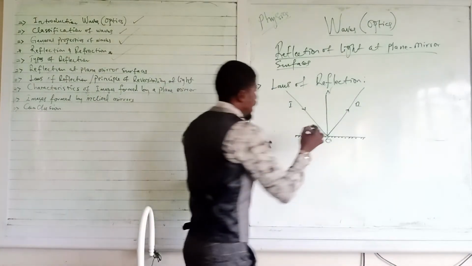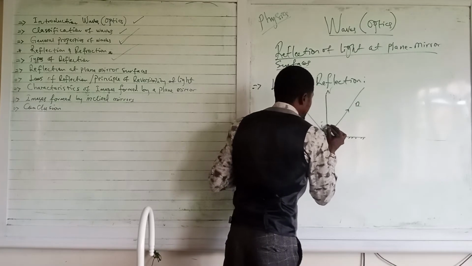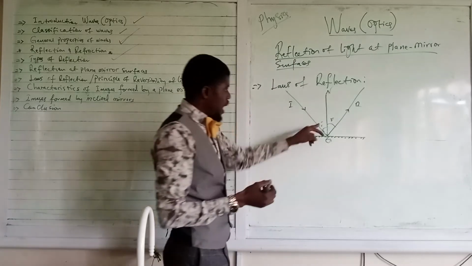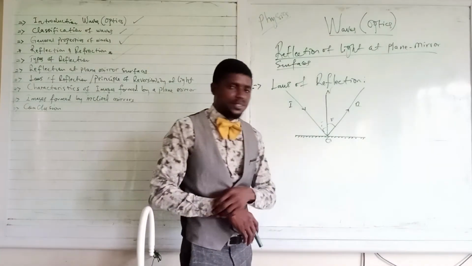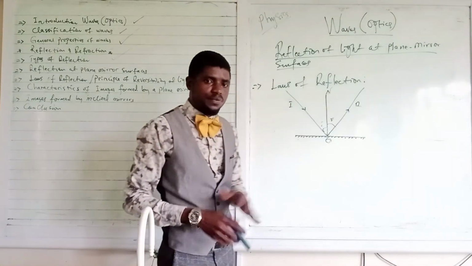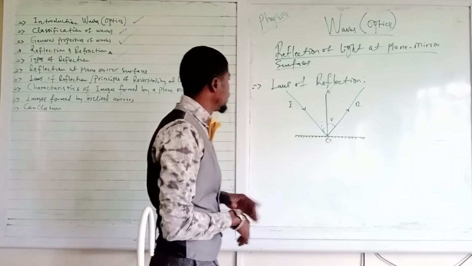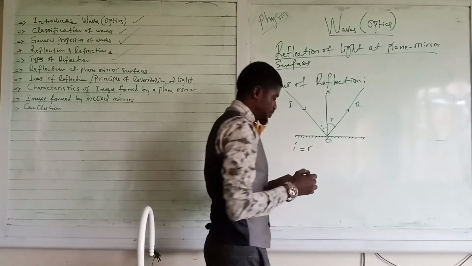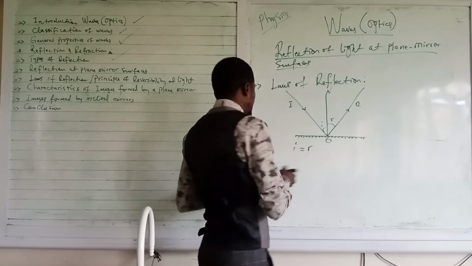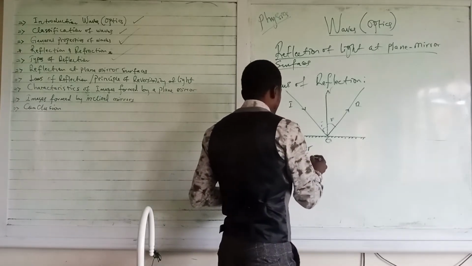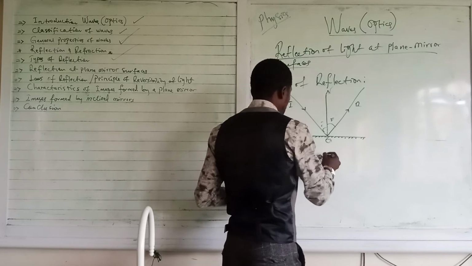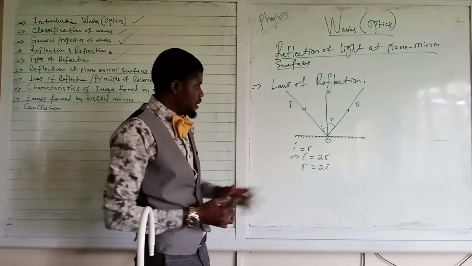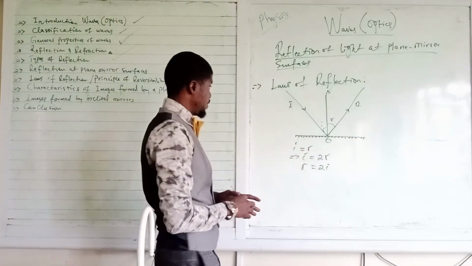Law number 2: the angle of incidence I is equal to the angle of reflection. I is called the angle of incidence, while R is called the angle of reflection. So what we are trying to say here is that I is equal to R. And if I is equal to R, it implies that I is equal to R, or R equals I. These are the laws of reflection.